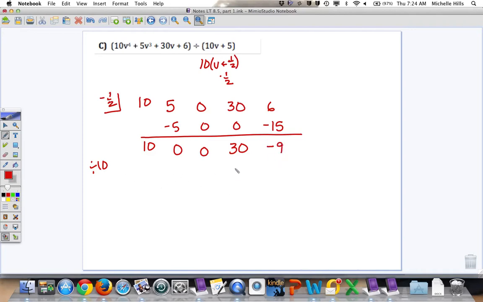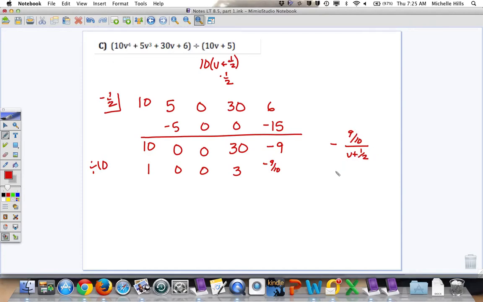Now, here's something that's kind of weird, and this is the thing to remember, and again, one other reason why I do not normally use synthetic division for this. If I divide everything by 10, I get 1, 0, 0, 3, and negative 9/10. But that negative 9/10 is going to be like minus 9/10 over v plus 1/2. That's not going to be a simplified fraction.